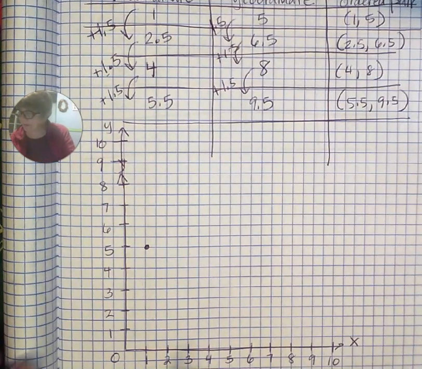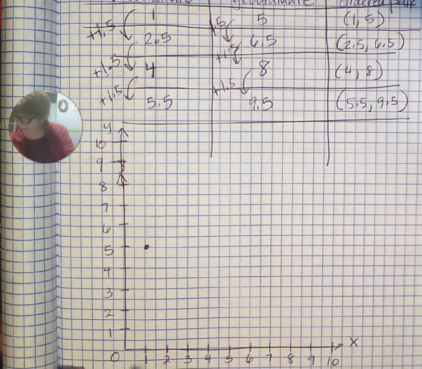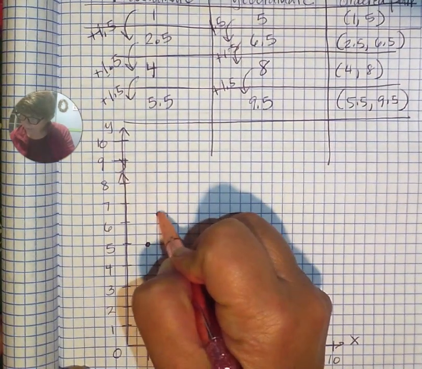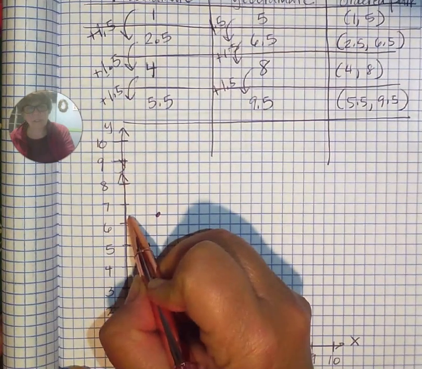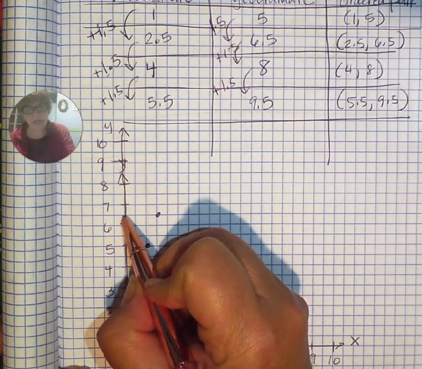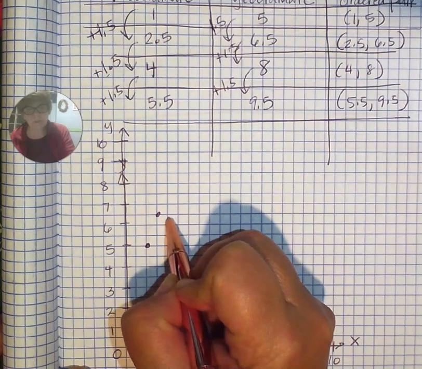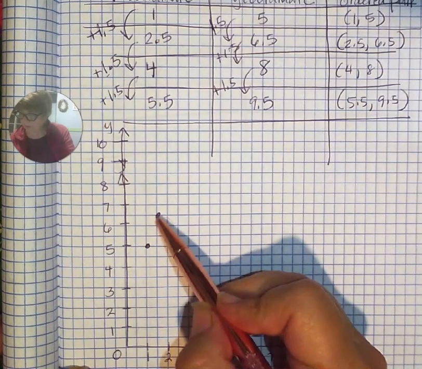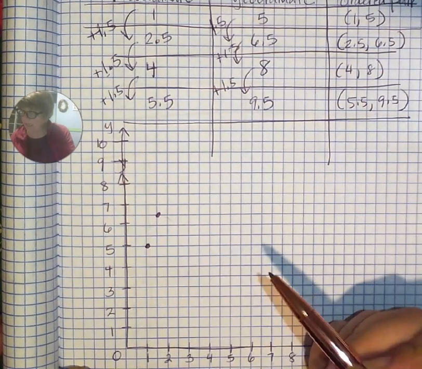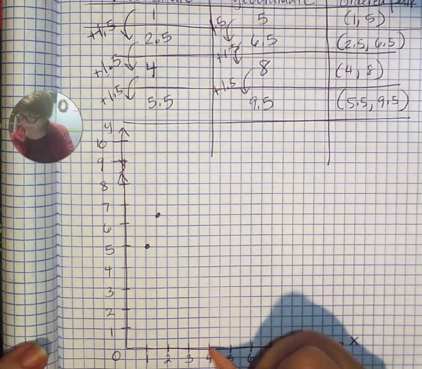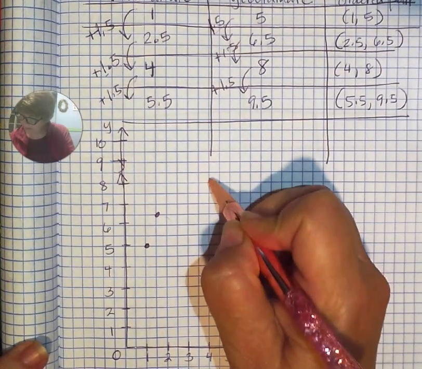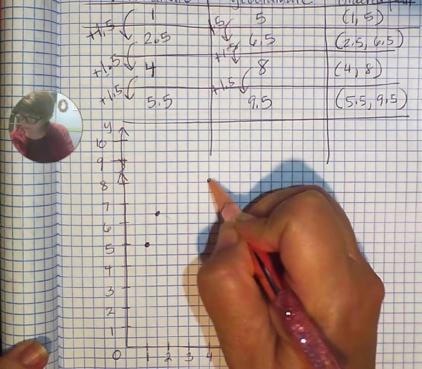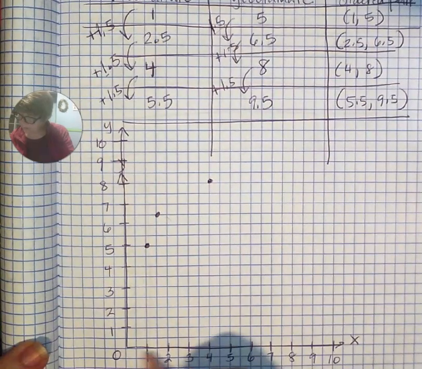Yep, you got it? Okay, 2 1/2, 6 1/2, and we have our line in between each number, so we know that these are actual placements. They're not approximate or estimates, because we can know exactly where 6 1/2 is. And then 4, 8, double checking. I'm going to double check my 2 1/2.